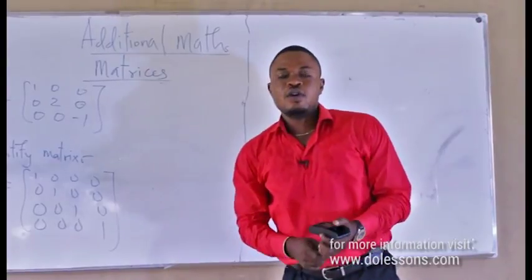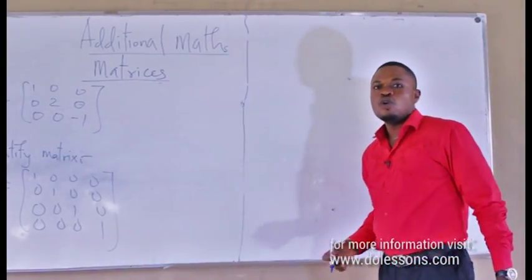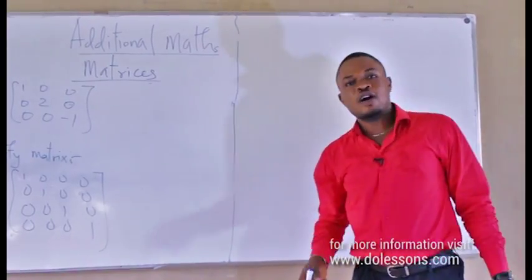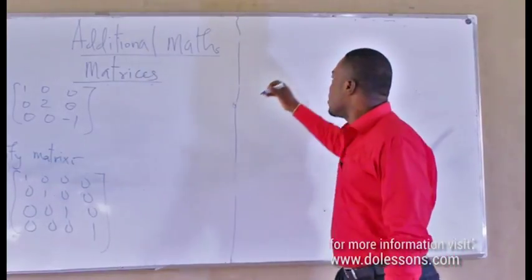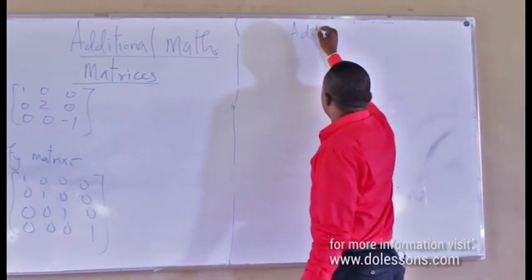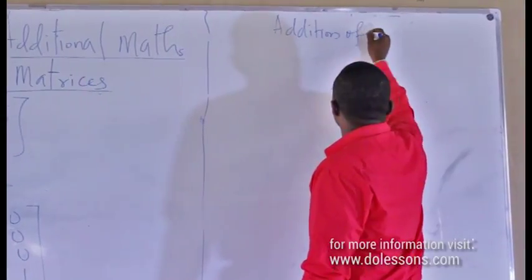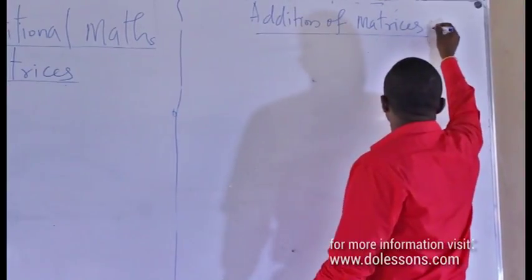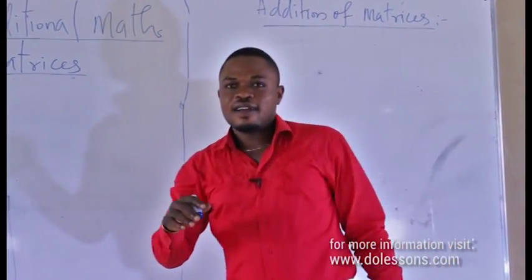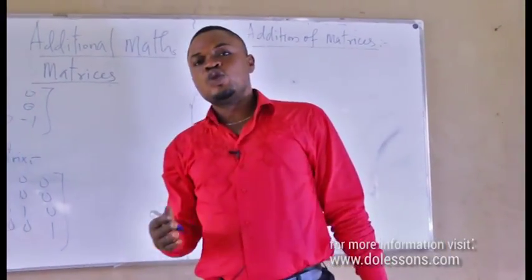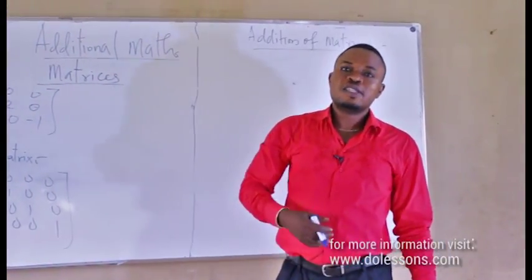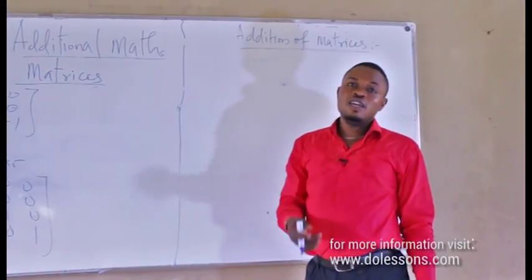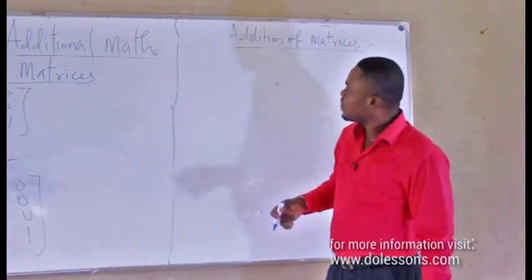Any two matrices or more will be said to be conformable for addition if they are of the same dimension. I repeat, any two matrices or more will be said to be conformable for addition if they are of the same dimension.